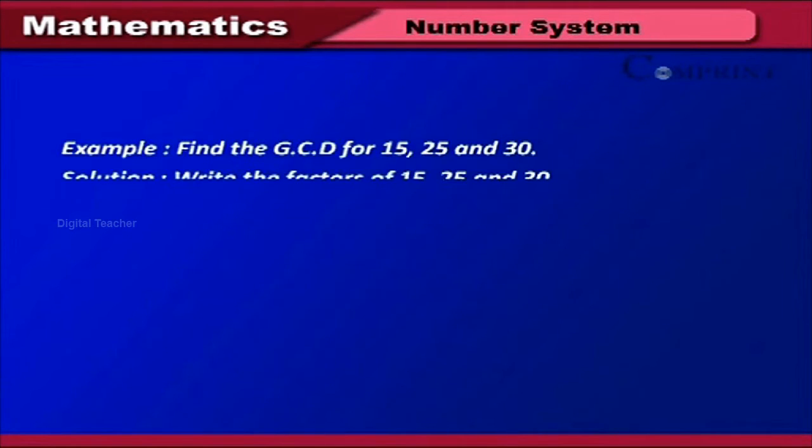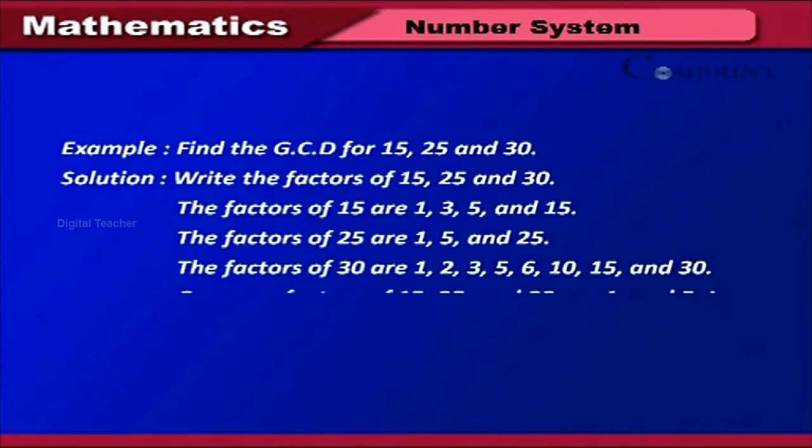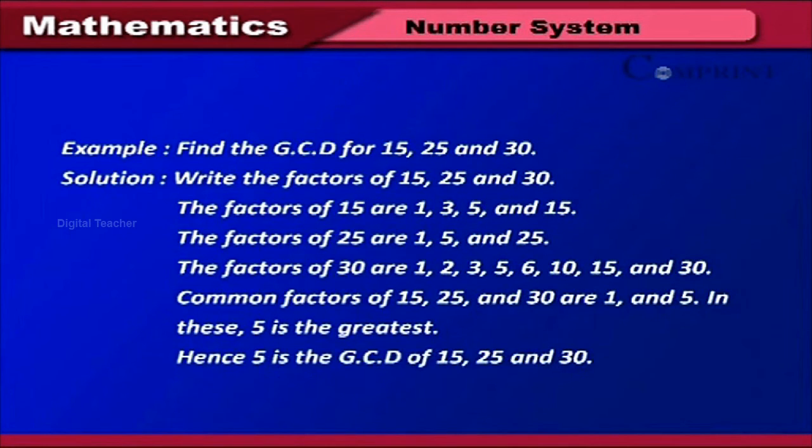Find the GCD for 15, 25 and 30. Solution. Write the factors of 15, 25 and 30. The factors of 15 are 1, 3, 5 and 15. The factors of 25 are 1, 5, 25.